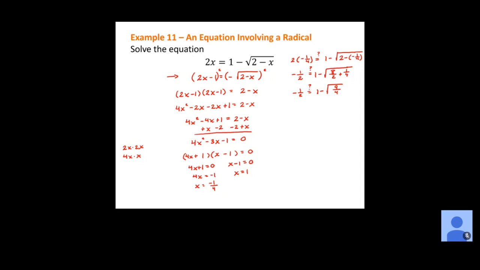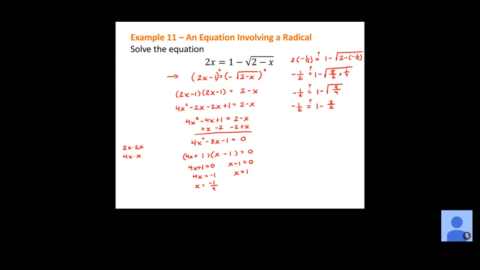Okay, now what is the square root of 9 over 4? Three halves, right? Because we can take the square root of the numerator, take the square root of the denominator. And so now we're going to have negative 1/2 equals 1 minus 3 over 2.